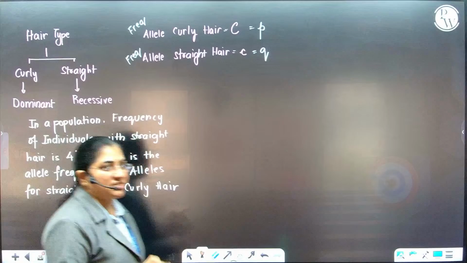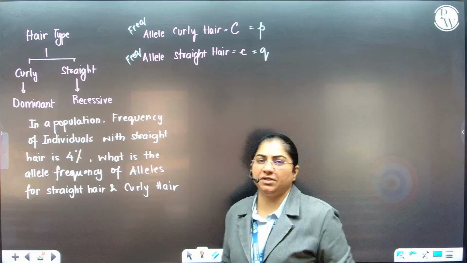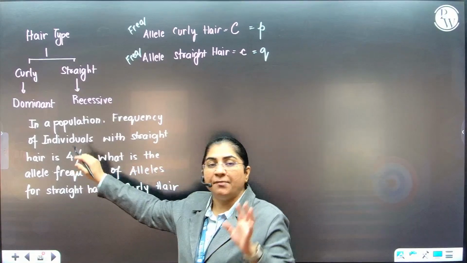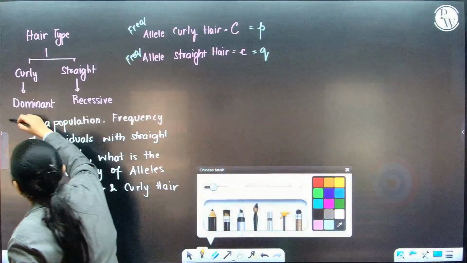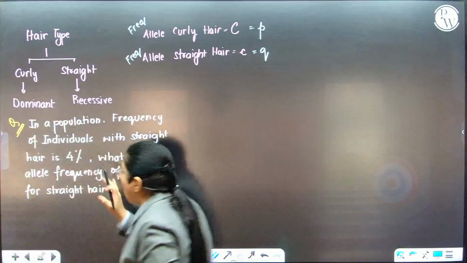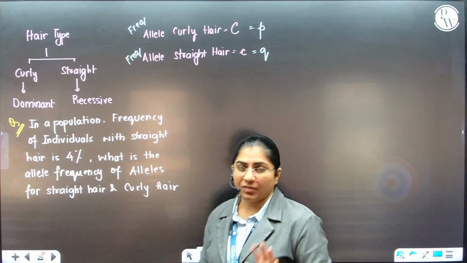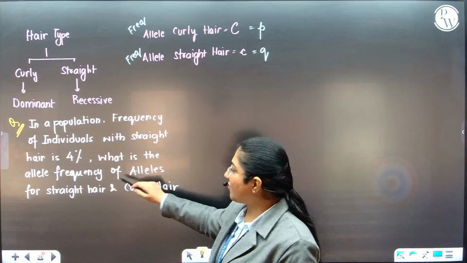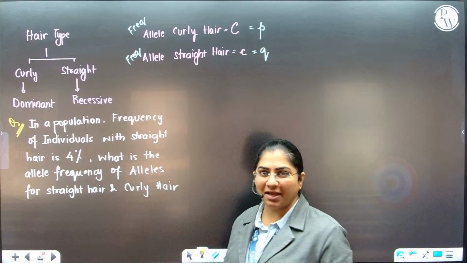Now when we have such a question, my dear children, first be crisp in your understanding whether the 4% given in the question is the frequency of allele or frequency of genotype. How do you understand this? Here they have asked what is the allele frequency of alleles for straight hair and curly hair.